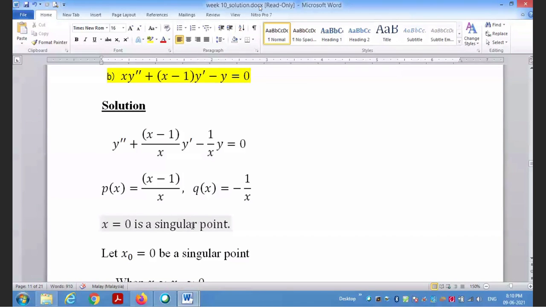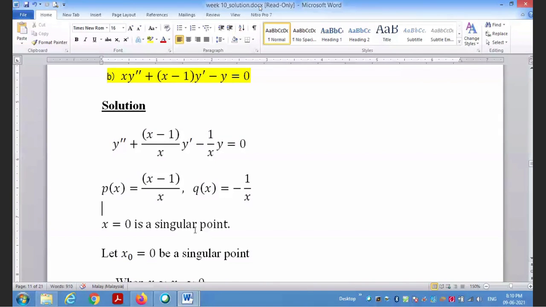If x equal to 0 is irregular singular, you cannot use Frobenius method. You can use Frobenius method if and only if we have a regular singular point. First, you need to prove that this is regular singular.